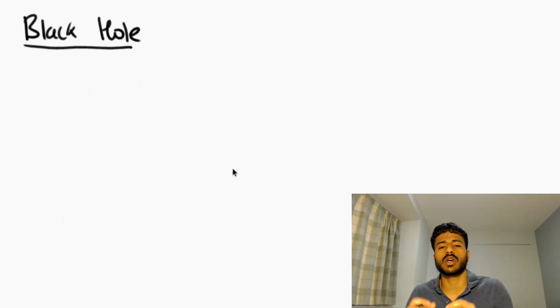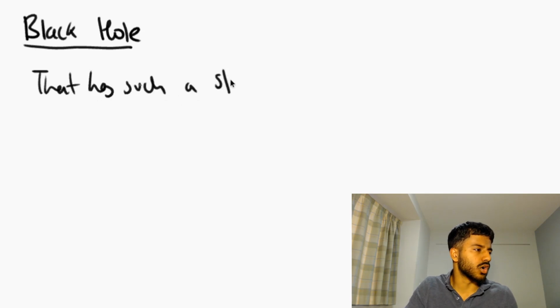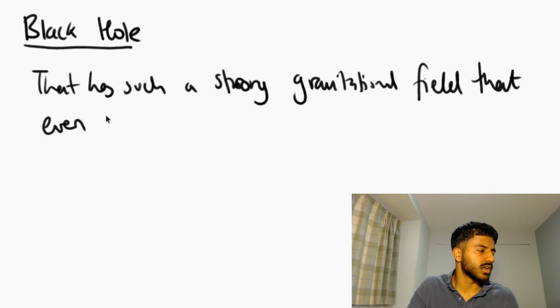Now we also looked at how some massive stars can end up as black holes. Now a black hole is a very dense object that has such a strong gravitational field that even light cannot escape.